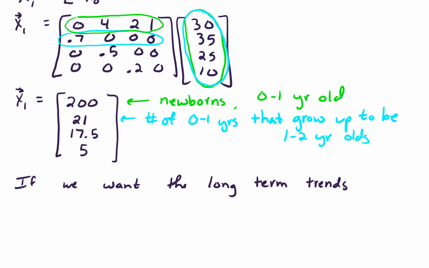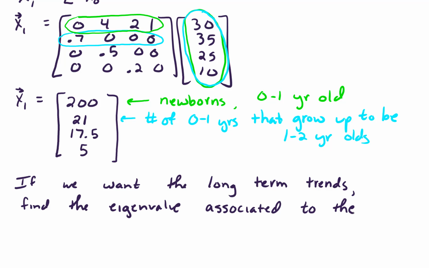All right, so let's write that down. We need to find the eigenvalue associated to the eigenvector with all positive components.